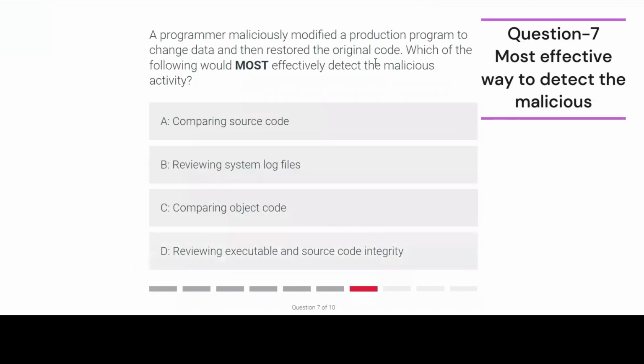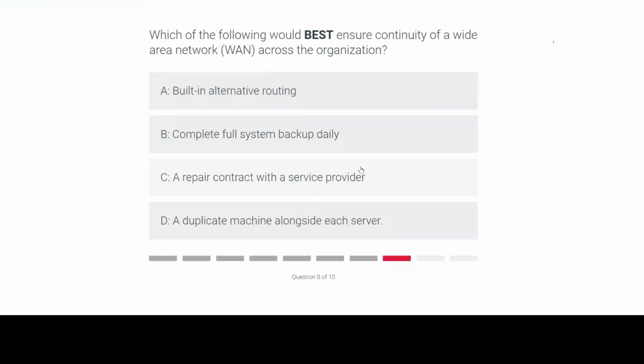And then the next question: a programmer maliciously modified a production program to change the data, then restored the original code. Which of the following would be most effective to detect the malicious activity? Comparing the source code, reviewing the system log files, comparing the object code, or reviewing the executable and source code integrity. So getting the log will be the ideal approach.